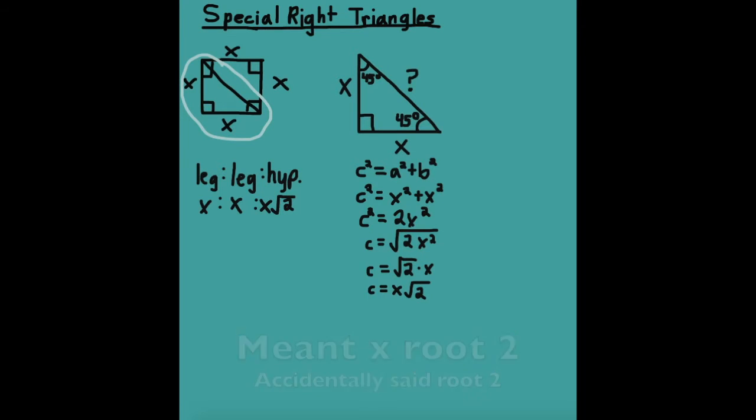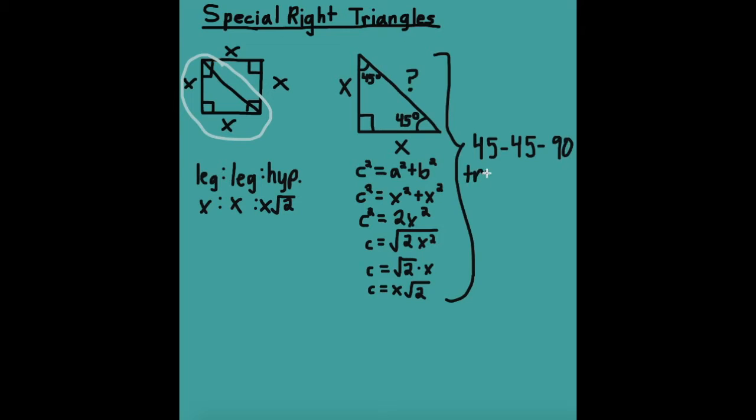And this kind of special triangle is called a 45-45-90 triangle because there are two 45 degrees and one 90-degree angle in this triangle. This ratio x to x root 2 only works with triangles that have degrees 45, 45, and 90. Keeping that in mind, let's do some practice problems.